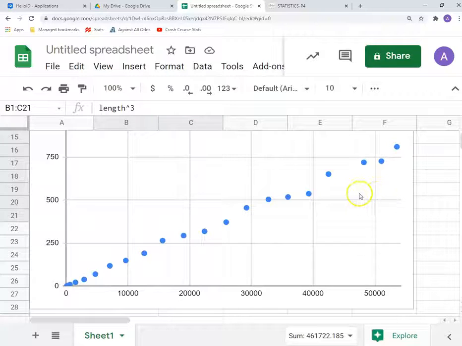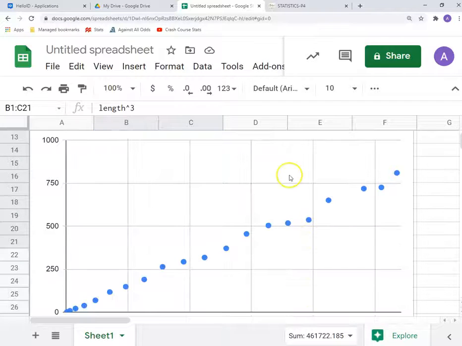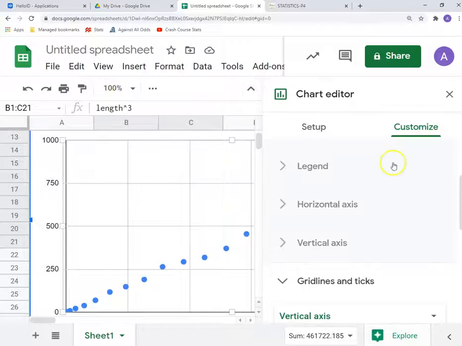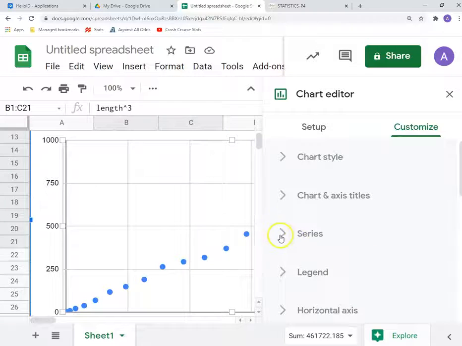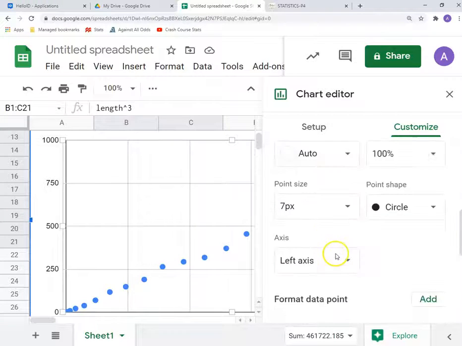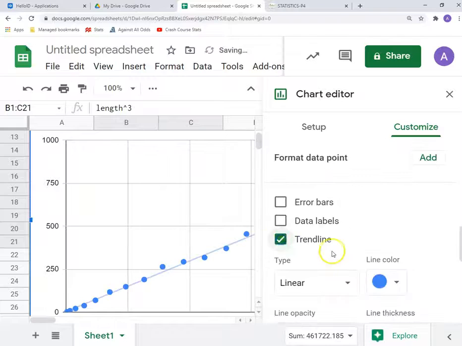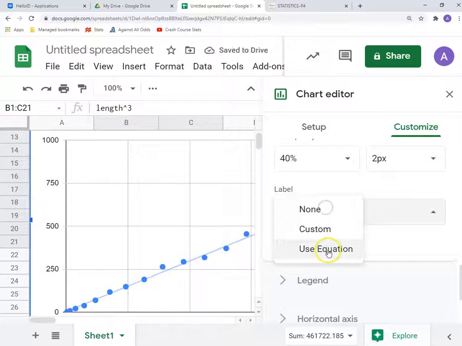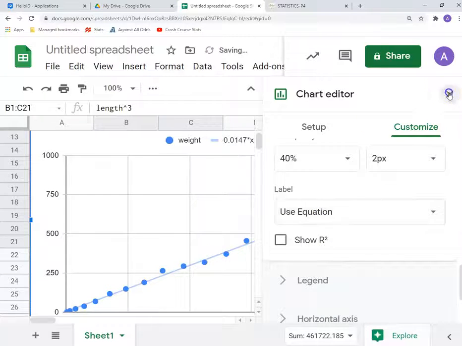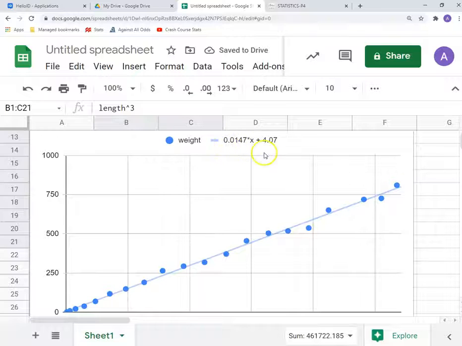Then we need to find our least squares regression line. I guess I shouldn't have closed out of there. Under Customize, you want to go to Series, Trendline, Label, use equation, and we now have our equation: 0.0147 times x plus 4.07.